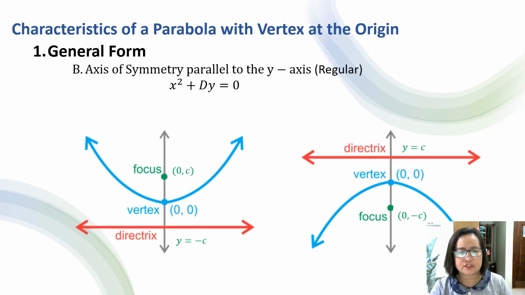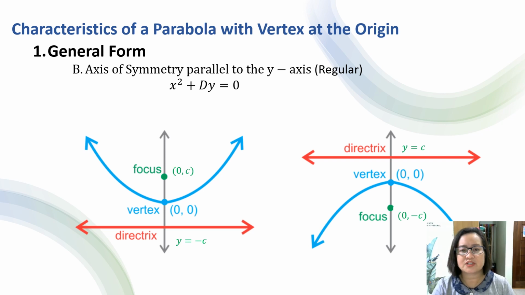Now, what if we have a parabola that opens upward or downward? Its equation is given by x squared plus dy equals 0. Take a look at the coordinates of the focus, the vertex, and the equation of the directrix.